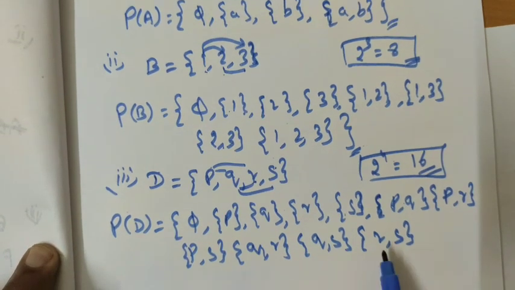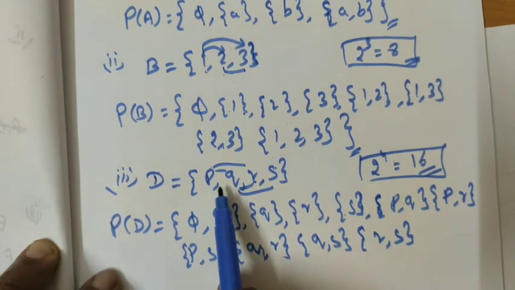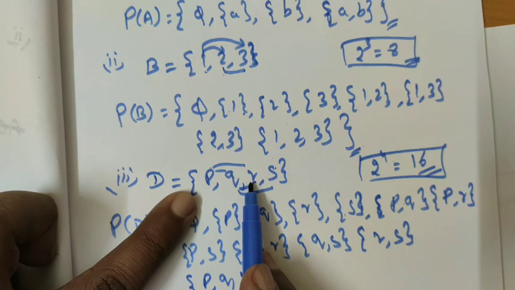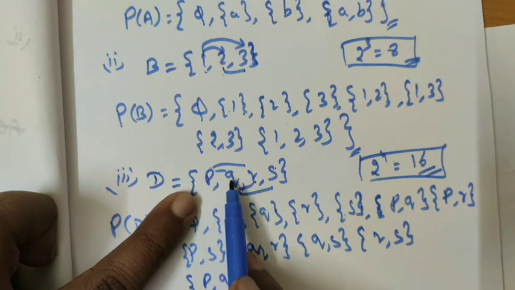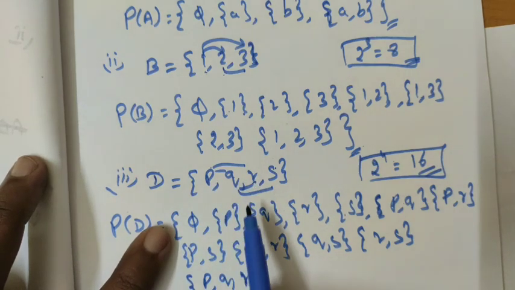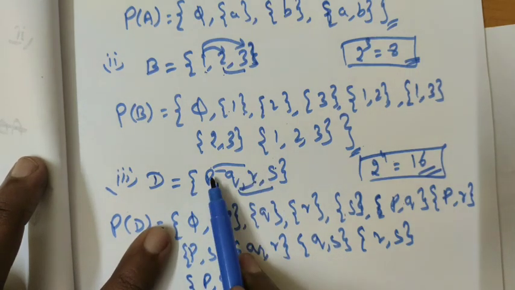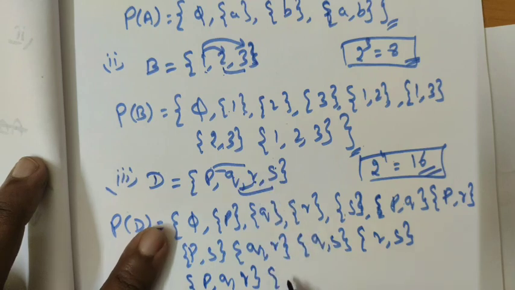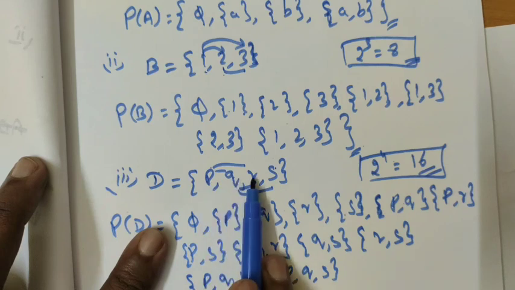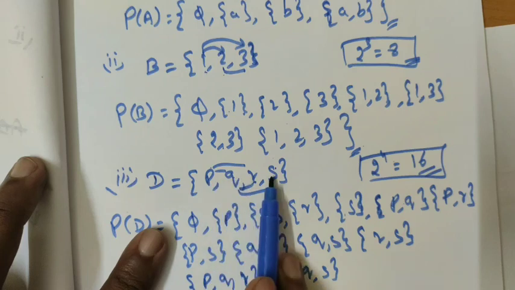Now 2 elements are completed. Now we have to write the sets with 3 elements, that is PQR is one of the sets. Now PQS is another set. See, PQR is one of the sets, and omit this R, PQS. First we have written PQR, and then we omitted R and PQS is written.